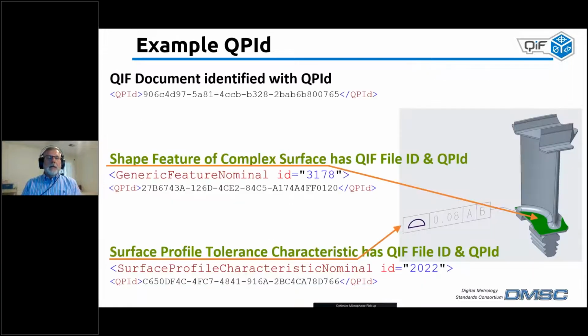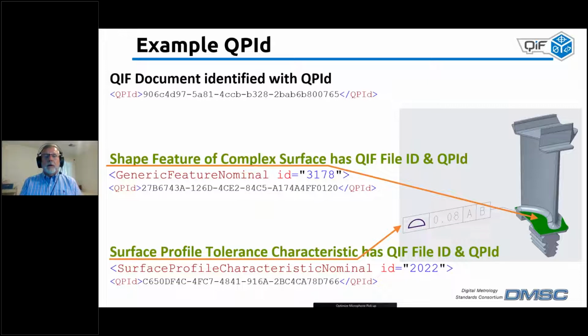So I think we've got a quick example of what a CUPID is and how it might be used in your QIF document. Obviously, your overall document could have this UUID so that it would be unique. And then there are opportunities to identify your shape feature or the features.